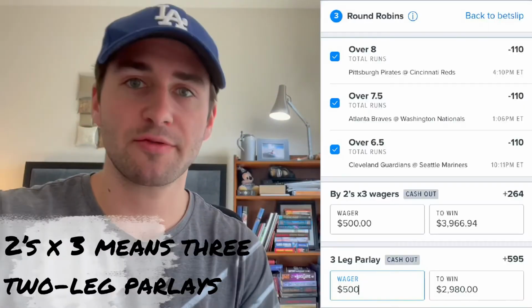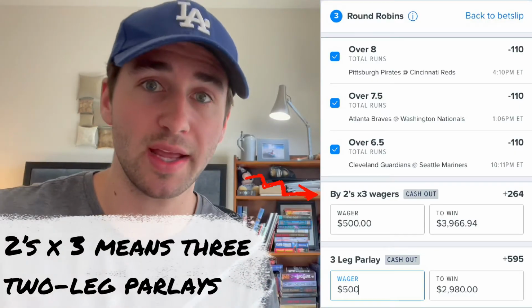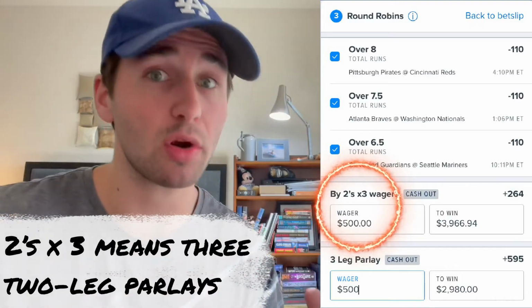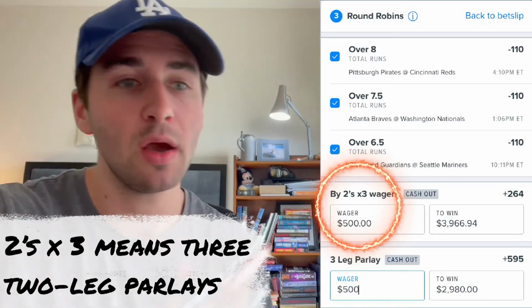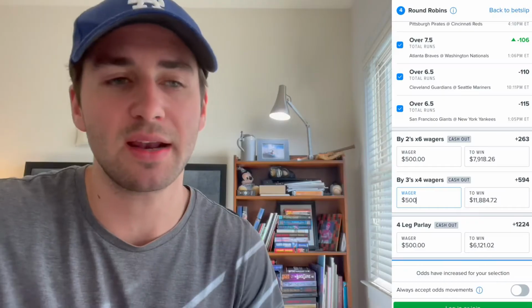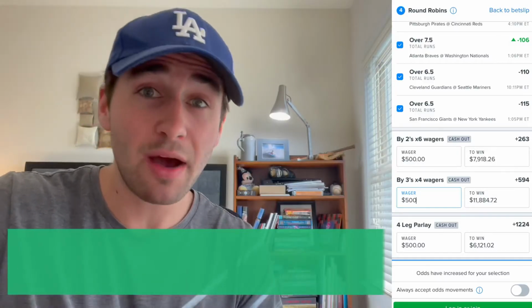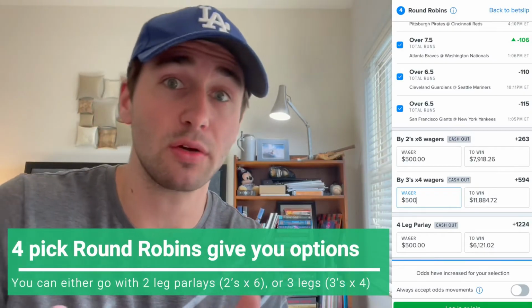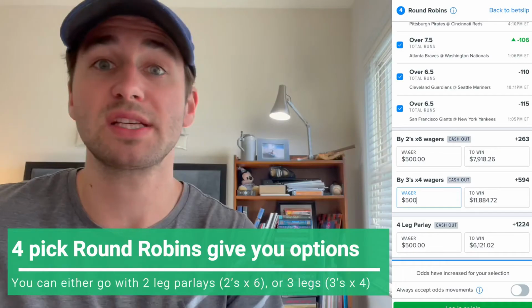Round robins for 3 picks are pretty straightforward. It's just 3 different 2-leg parlays, but things get a little more complicated if you add in a 4th pick, which you can see I did right here. I just added in another MLB over. Now when you have 4 picks, you have 2 different options, right? You can either place a bunch of little 2-leg parlays, or you can place 3-leg parlays.